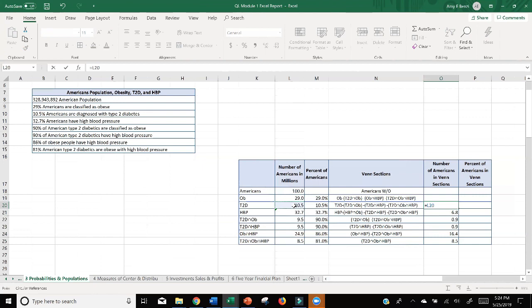Type 2 diabetes and obesity, right here. Minus, again, type 2 diabetes and high blood pressure, minus all three. There we go. All right, now, I'm sorry, I should have actually done this way earlier.